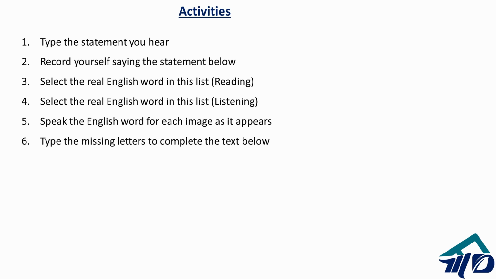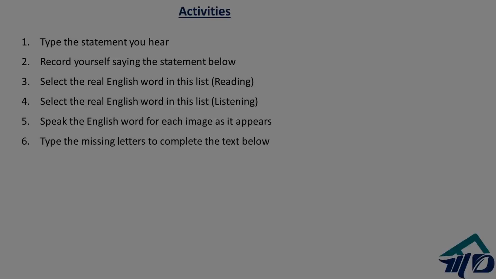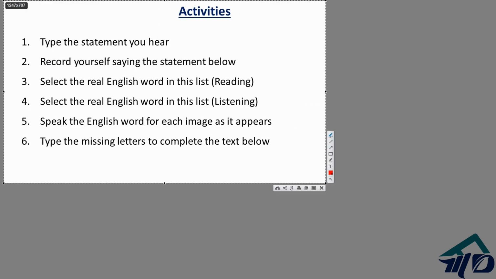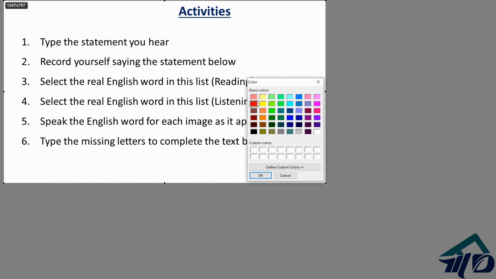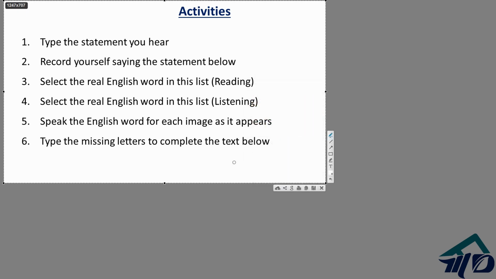Then guys, the sixth one is type the missing letter. You will get a small paragraph. In that paragraph, a few letters would be missing. Just imagine that if you do not have these letters here, then you have to type those missing letters.